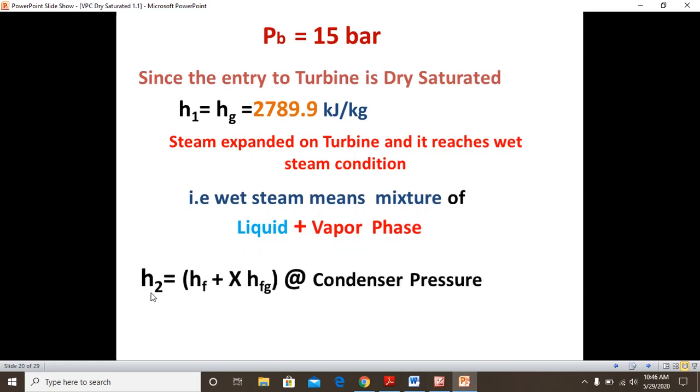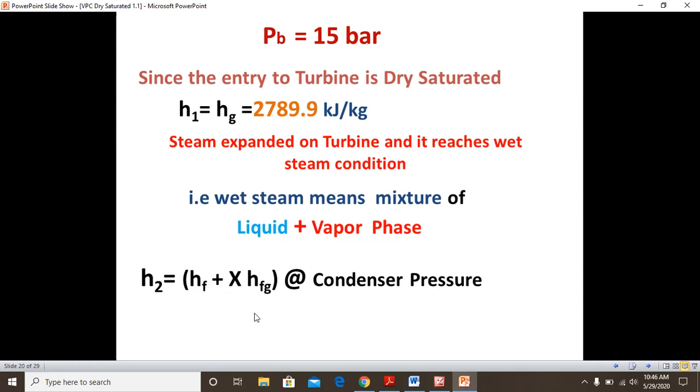Therefore your enthalpy will be equal to Hf plus x Hfg at condenser pressure. What is Hf? It is the sensible heat. Hfg is the latent heat. It is decided by the x value. If x is equal to 1, H2 is Hf plus Hfg. If x is equal to 0, H2 is equal to Hf.